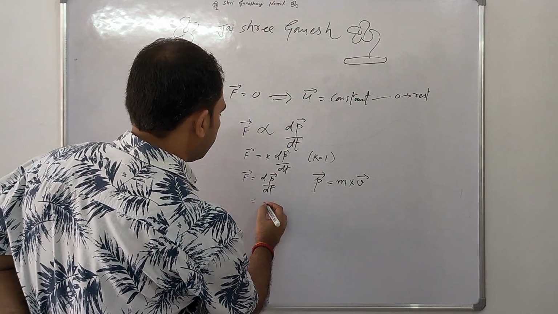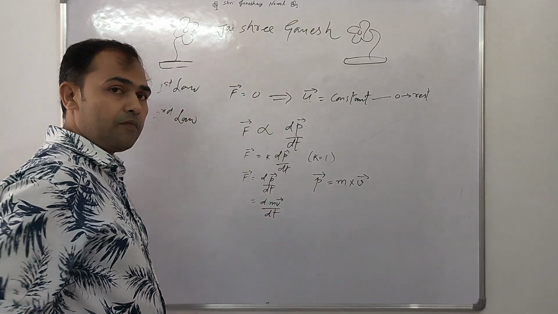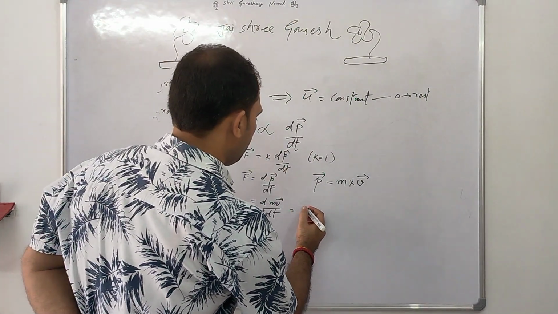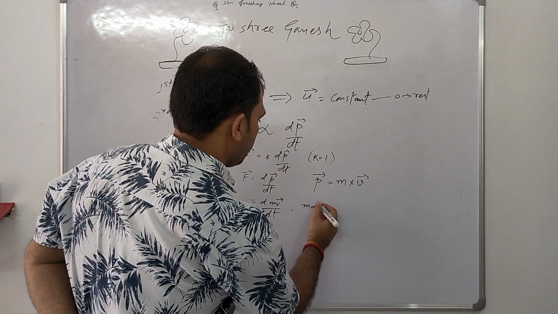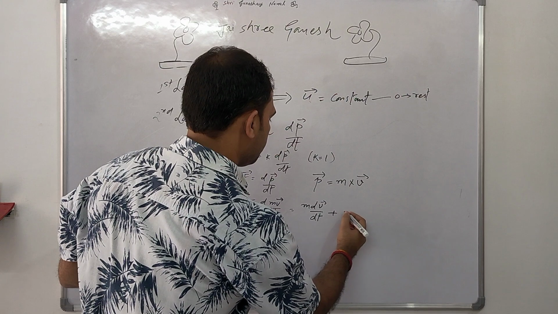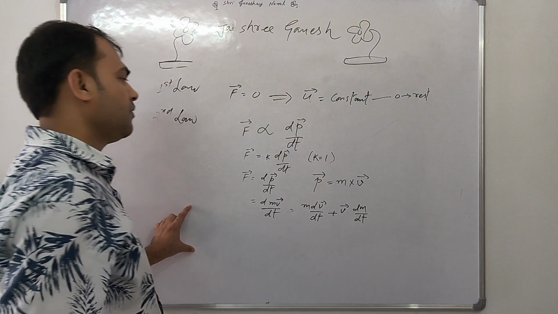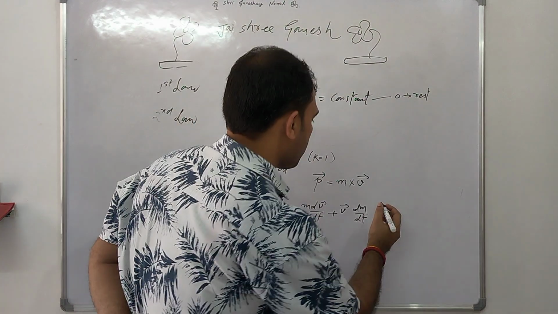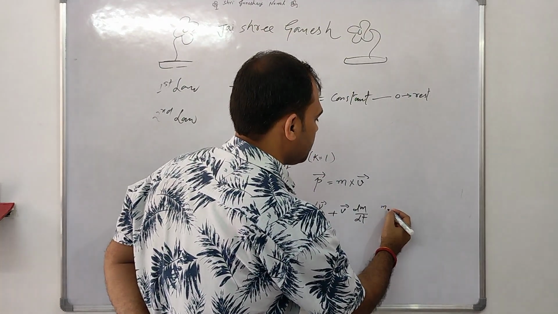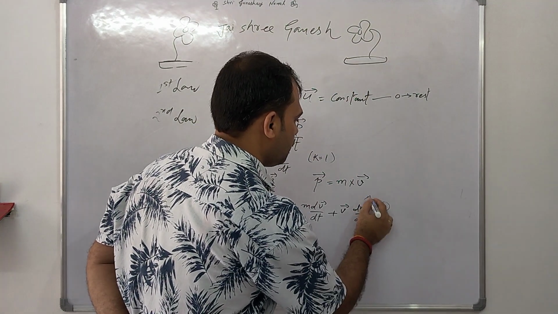So we can write it as d(mv) by dt. This will be equal to m dv by dt plus v dm by dt. As we all know, mass is constant with respect to time. So dm by dt will be equal to 0.